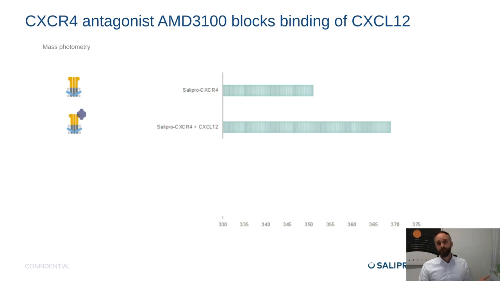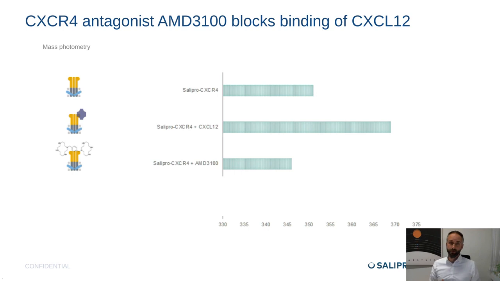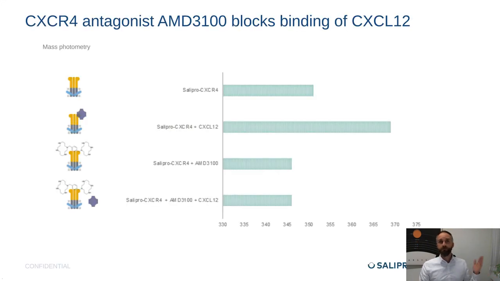Then there's an antagonist called AMD3100, and we wanted to see if it has an effect on the binding of CXCL12. When adding this antagonist, there's no major structural or size difference in the particles. However, if this antagonist is present and we then add CXCL12, we do not observe any binding, indicating that the antagonist is locking CXCR4 in a state which makes it impossible to bind CXCL12.